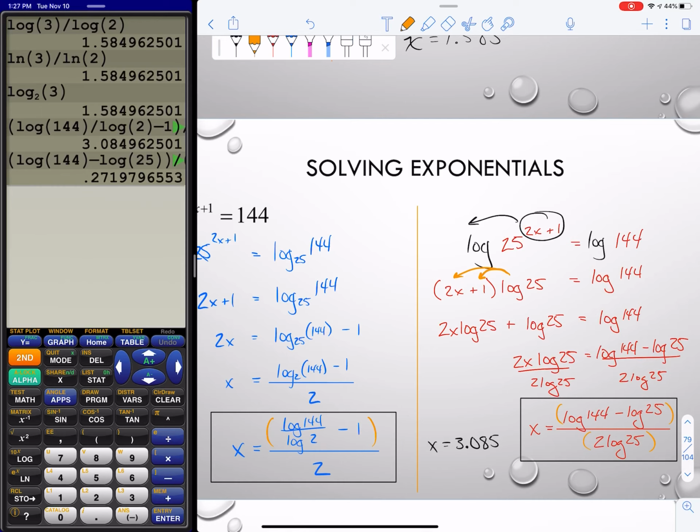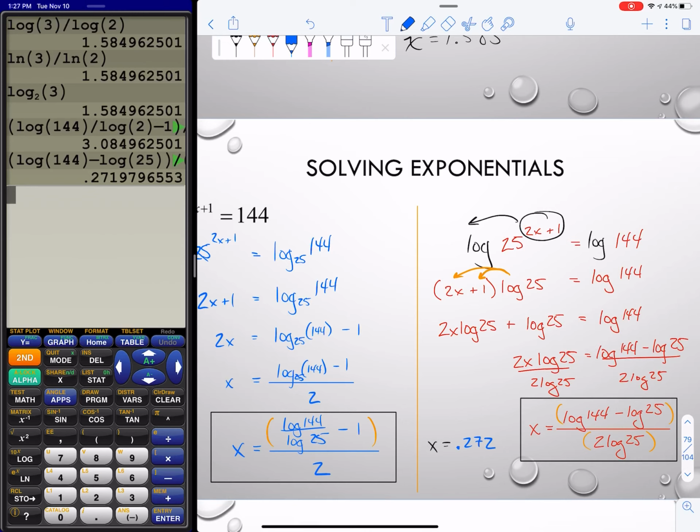I see my mistake. So if we come back over here, right, I went from log base 25 and I accidentally wrote it as log base 2 instead of as base 25. Okay, so let me go back in and let's verify. So I know this 3.085 was incorrect. So let's write down that 0.271 or 272.